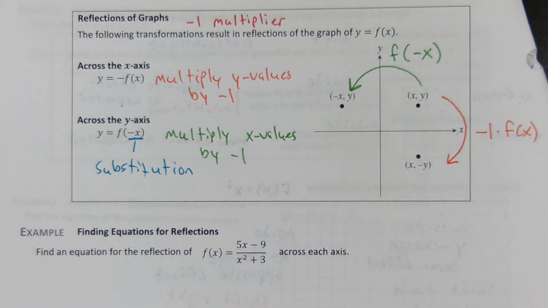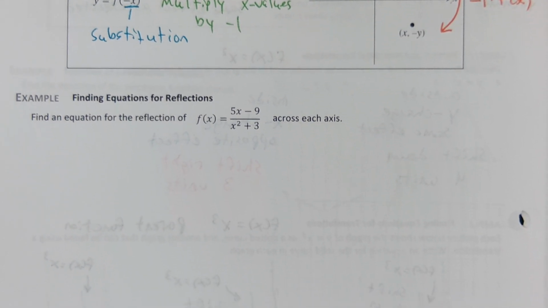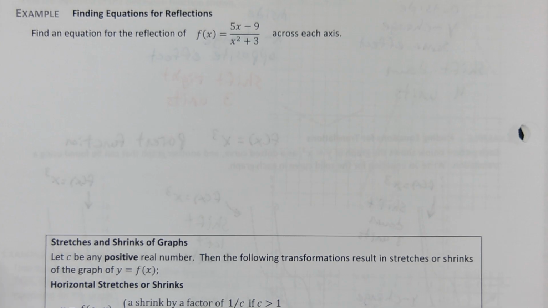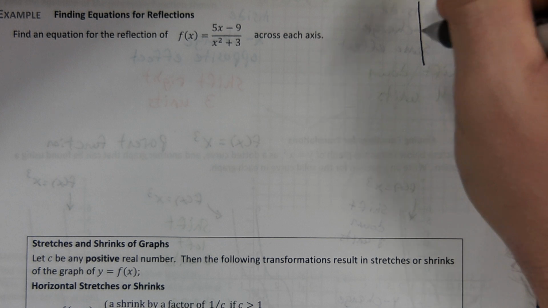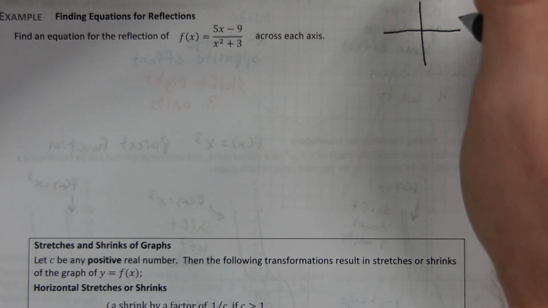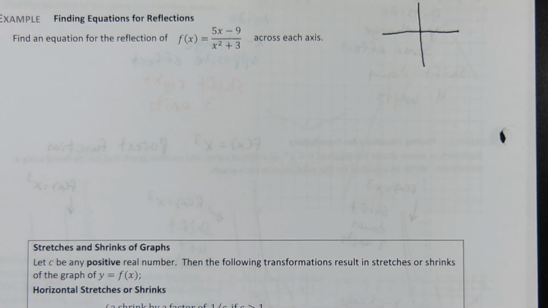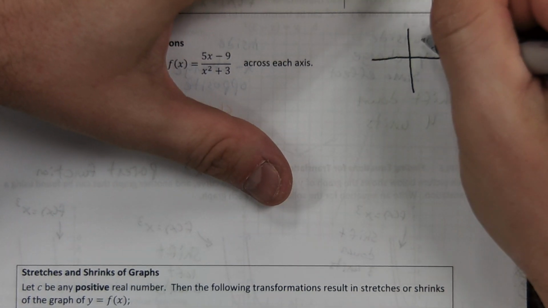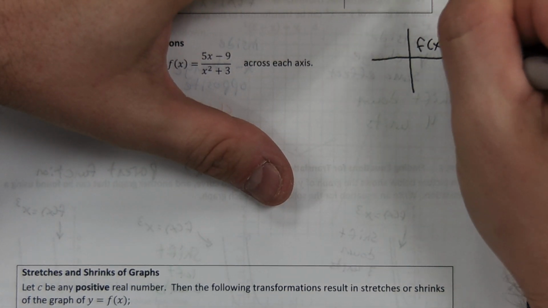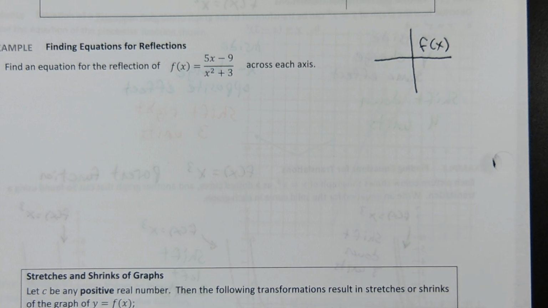And because of that, whenever I have to do any kind of reflection style questions, I typically will just draw this cheesy little image like this off somewhere on my scrap paper or on my work, just to make sure I'm doing it right. Let's say f of x was only in that top right quadrant.